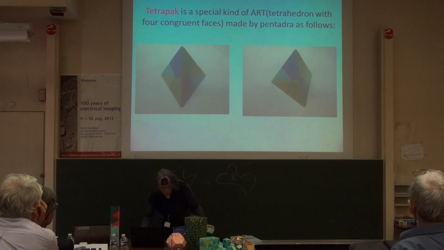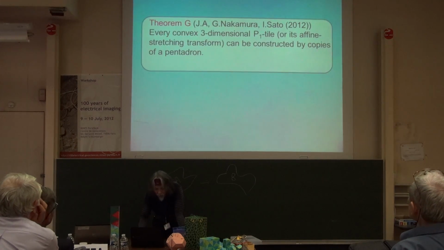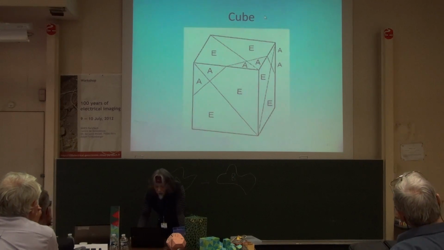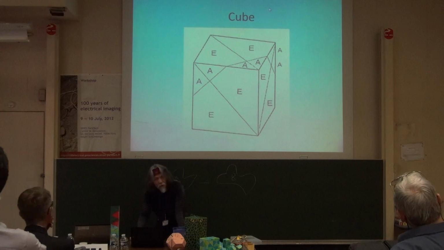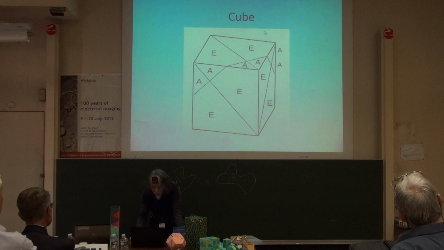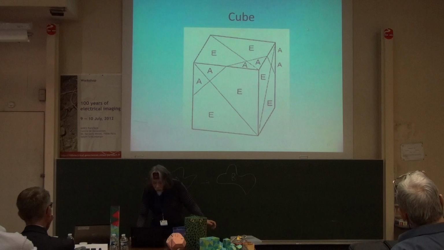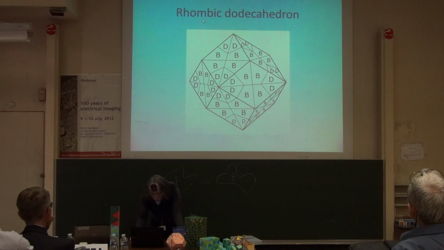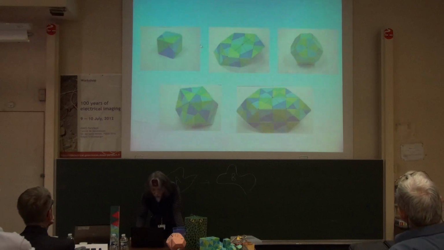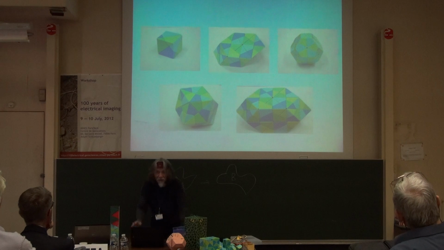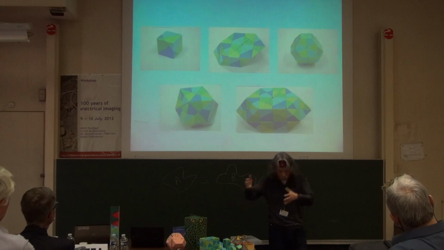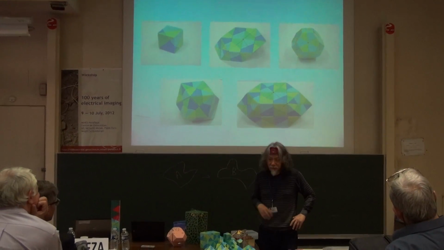And we can make a tetrapak, and every parallelohedron can be constructed by copies of pentadron, cube, hexagonal prism, truncated octahedron, rhombic dodecahedron, elongated rhombic dodecahedron, like this. Okay, and so this is also derived from the reversibility. So thank you.